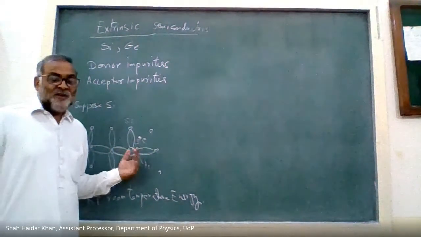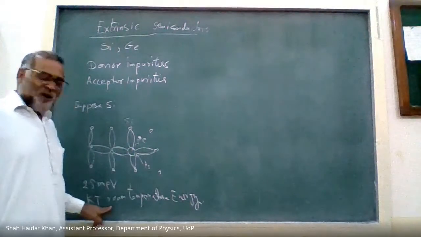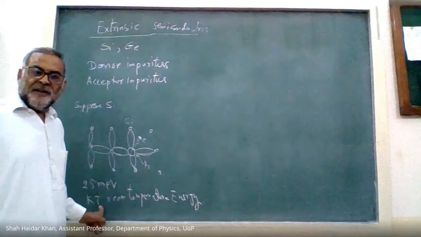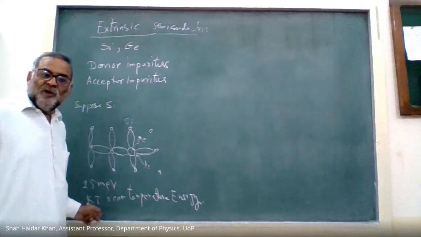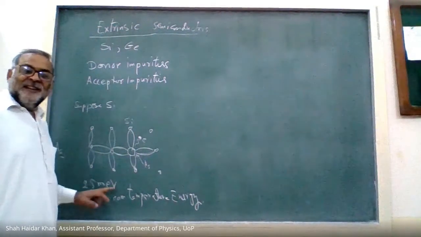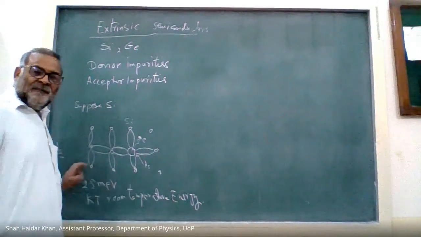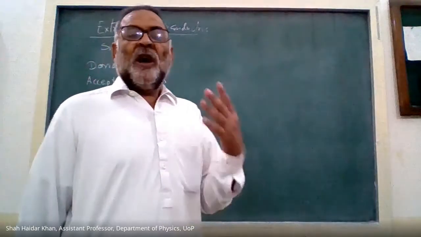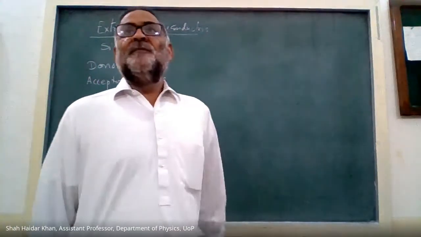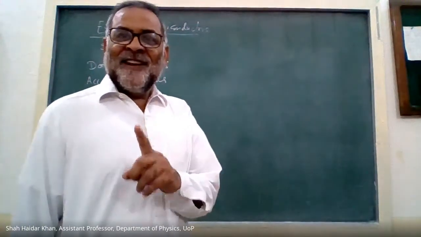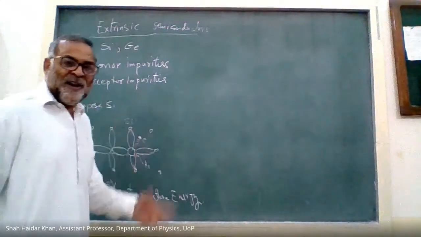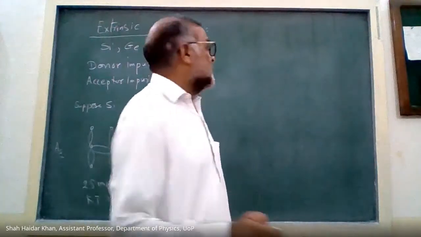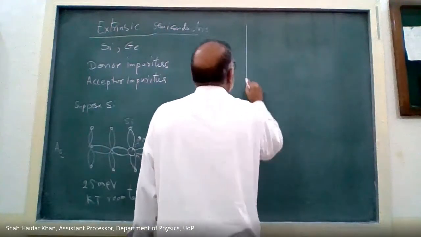You can calculate this: put T equal to 300 Kelvin and put the value of the Boltzmann constant, and you will find that the energy is about 25 MeV, right? So this energy is sufficient to ionize an impurity atom. To ionize it means it is free and it is in the conduction band.